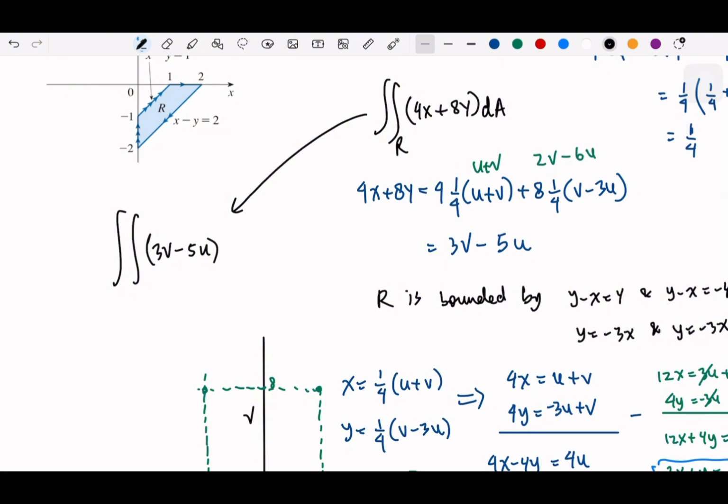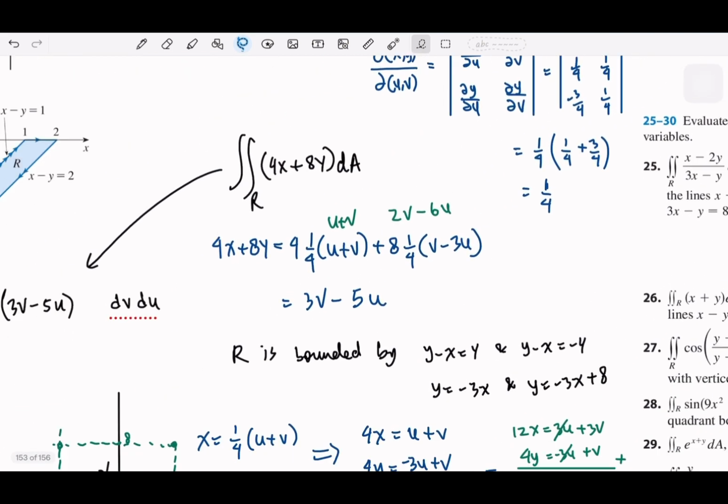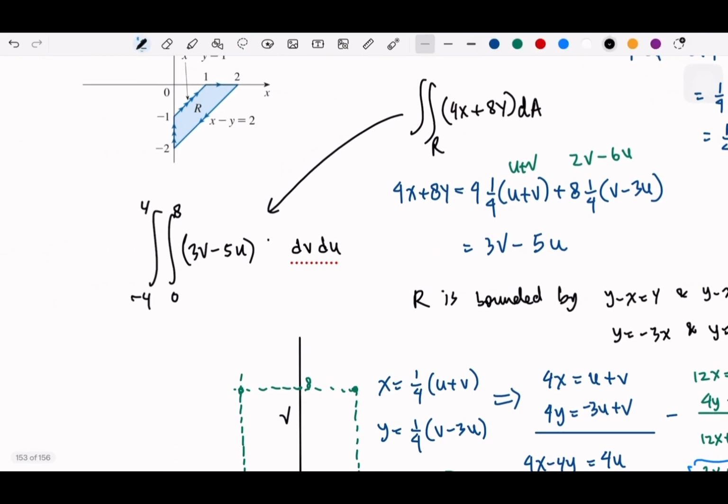There is no difference when you take the orders, right? So let's say we have dv du, with u from -4 to 4, and v from 0 to 8. Oh, I forgot the Jacobian, sorry. What is our Jacobian? It's 1/4. So multiply by 1/4 here, and then solve this equation.